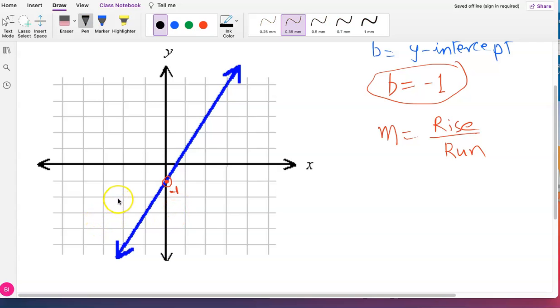In order to do by this process, let us select two convenient points on this line. We have to select a point which is well-defined. Here we do not know exactly what is the x-intercept at this point. It can be half of a unit or something.